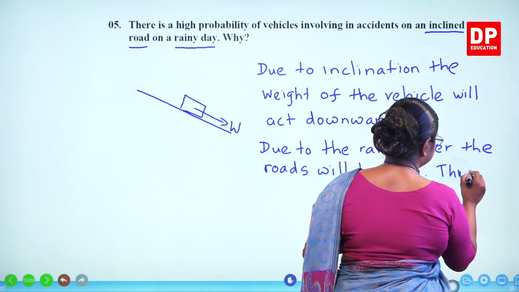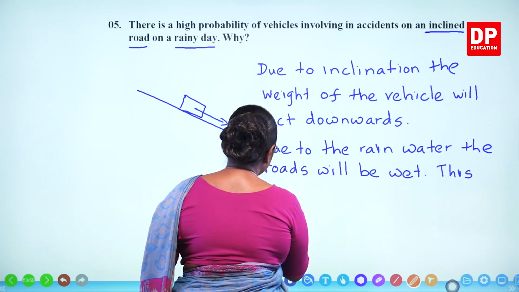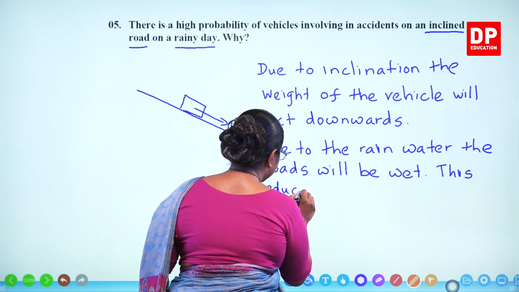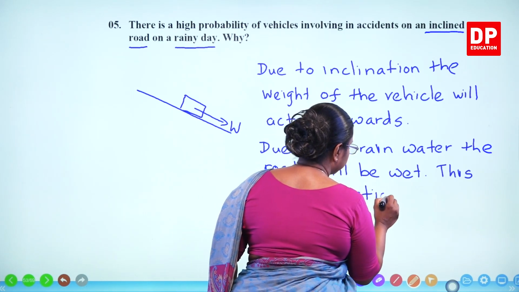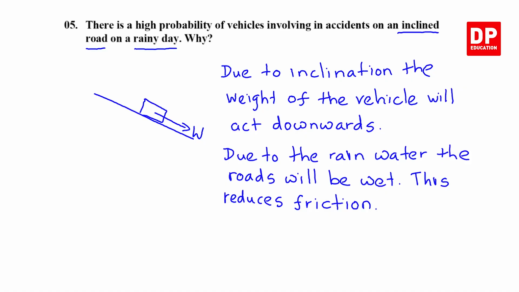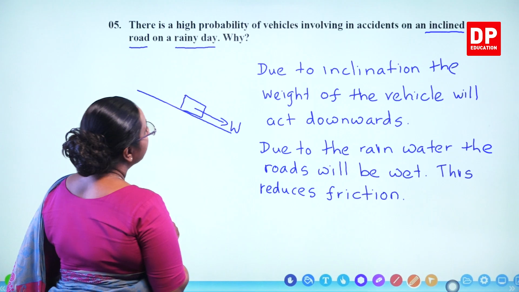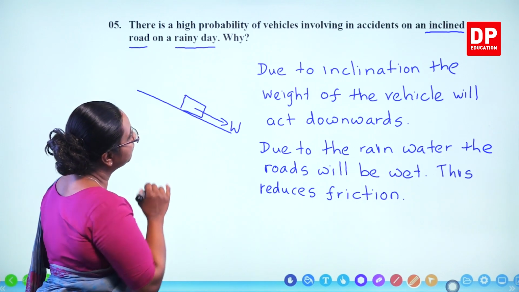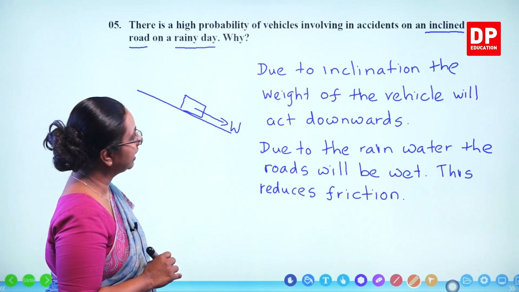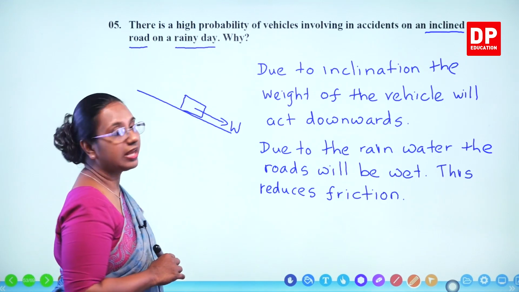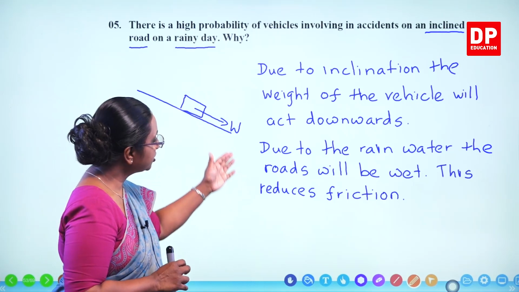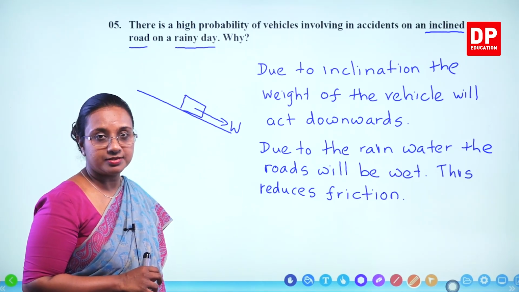This reduces friction. So from this we can say that there is high probability of vehicles being involved in accidents on an inclined road on a rainy day. So these two are the reasons.